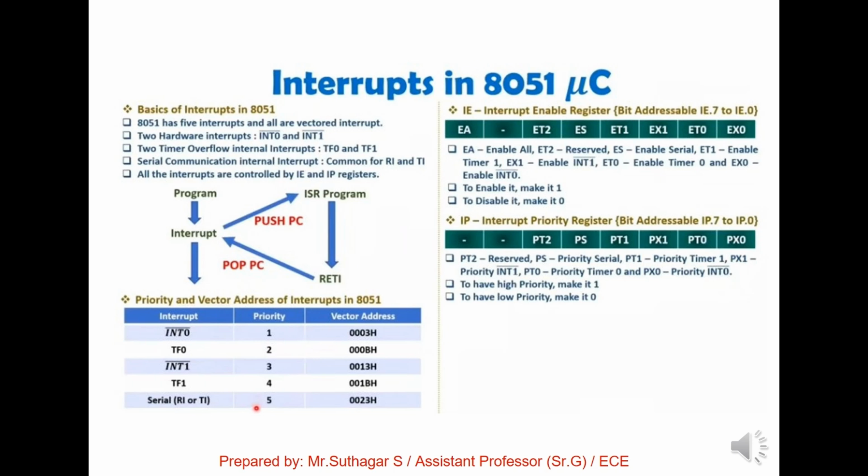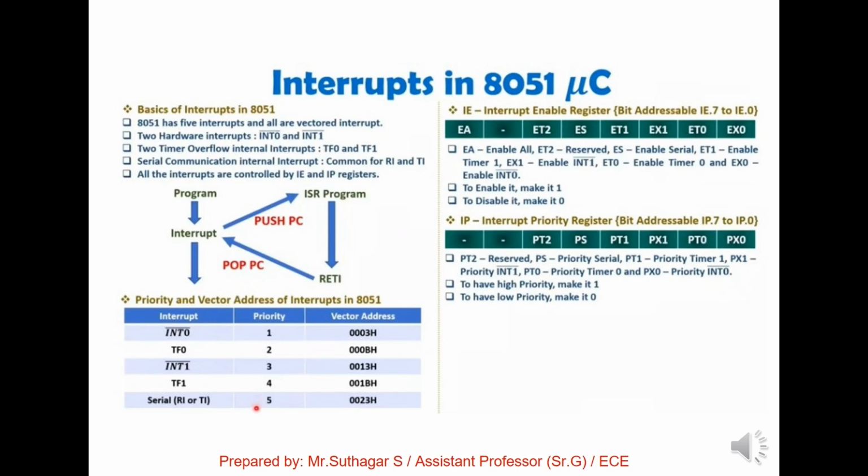And next is the interrupt enable register. Here if you set EA to 1, it enables all the interrupts, or else if you want to enable specific ones, you can make use of these bits. EX0 enables INT0, ET0 enables the TF0 interrupt, EX1 enables INT1, ET1 enables TF1, ES enables the serial communication interrupt, and ET2 is reserved.